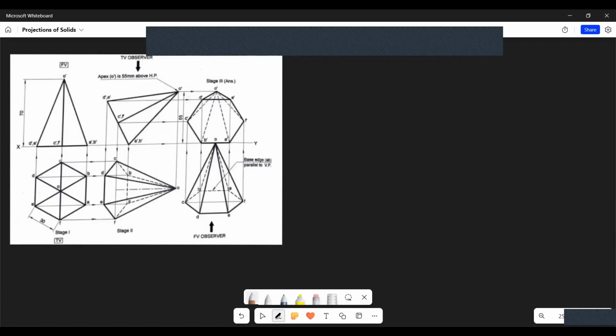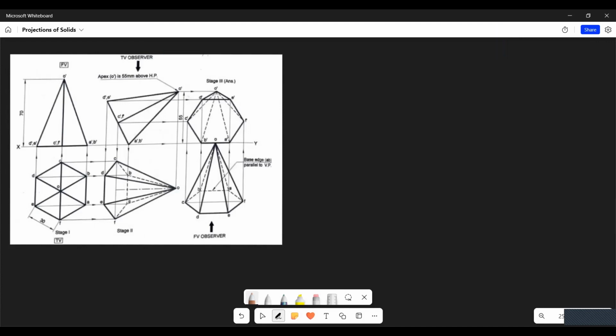Now, in order to form a question for this solution, we will start with numbering the figures. So this would be figure number 1. This would be figure number 2. This is figure number 3. Then the sequence goes like this: 4, 5, and 6.